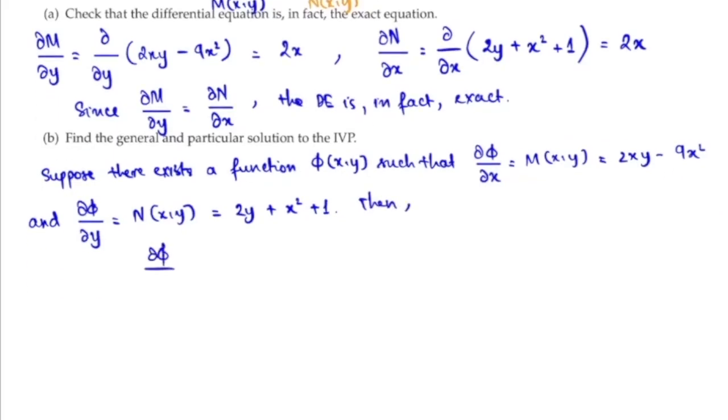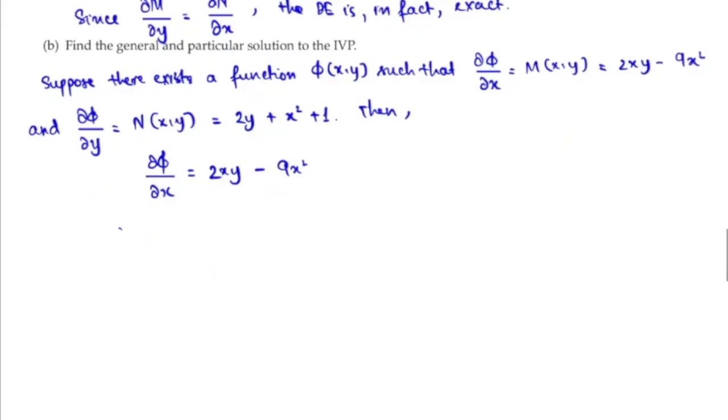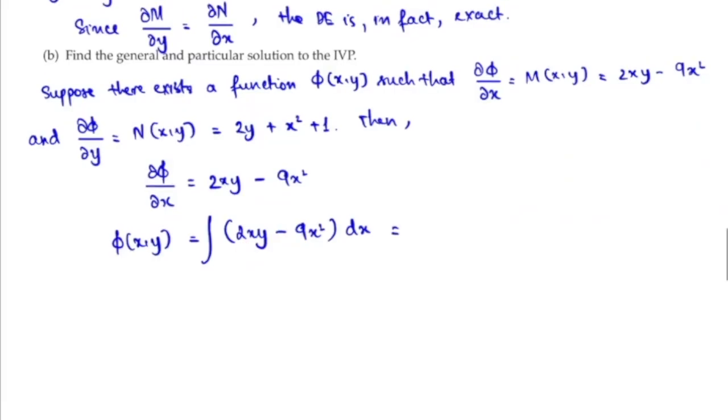from the first equation, partial phi partial x equal to 2xy minus 9x squared, you integrate both sides with respect to x. And you get phi of x comma y equal to the integral of 2xy minus 9x squared dx. Now you integrate each term in the integrand. So the integral of x is x squared over 2. The y in this context is a constant.